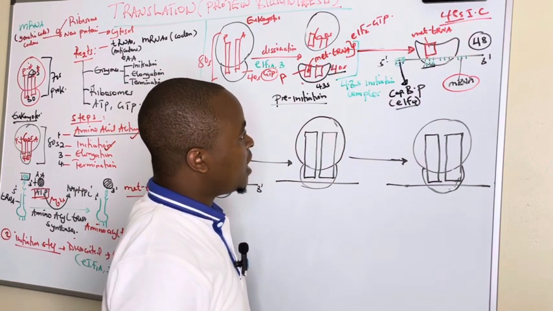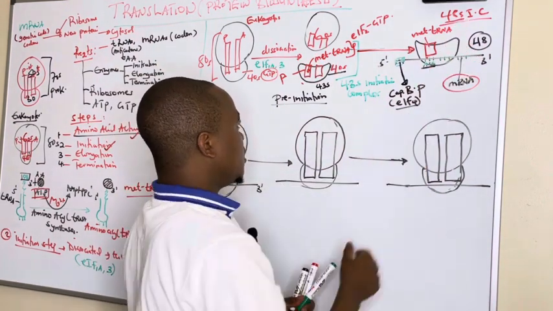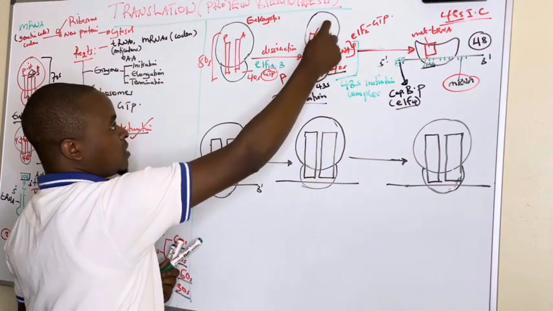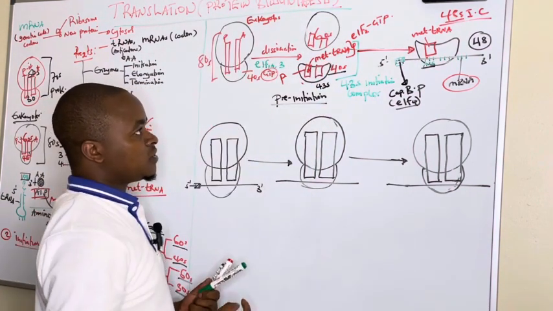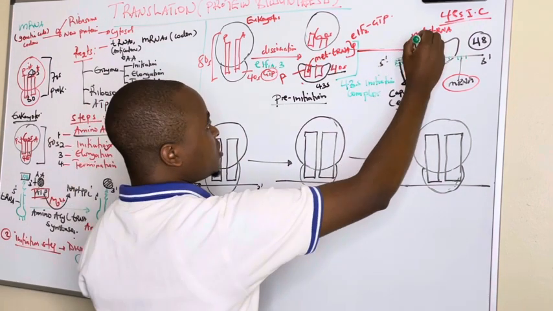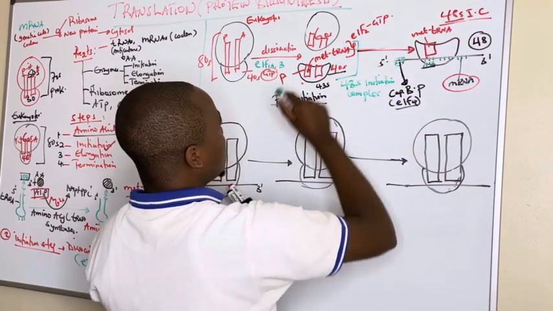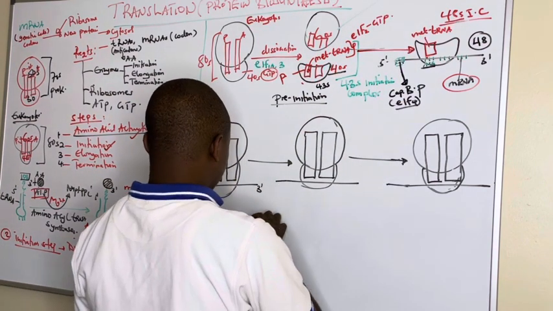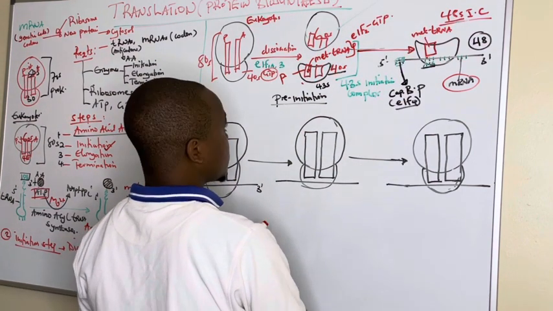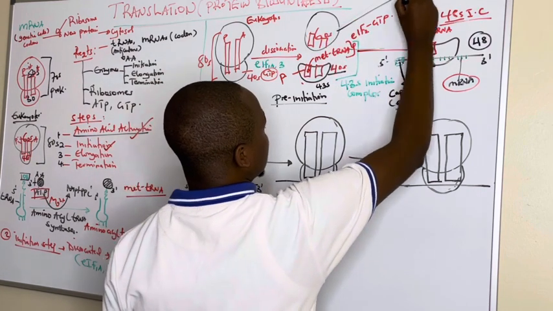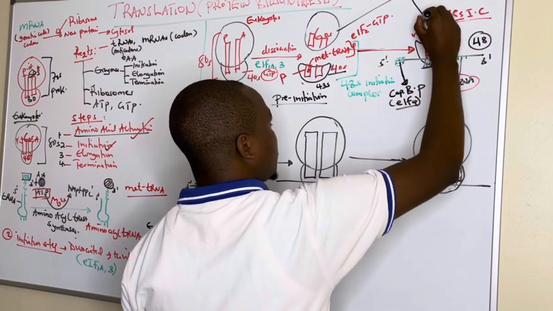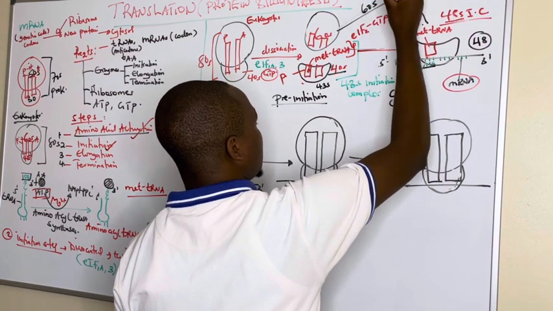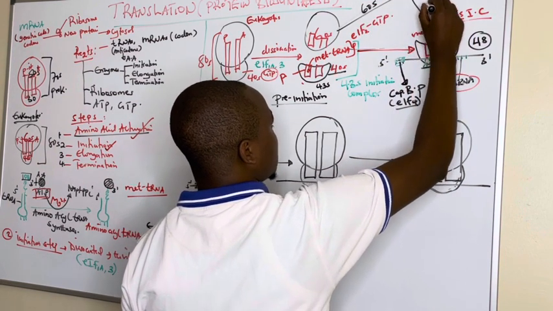And it is this 48S initiation complex that is going to bind with the cleaved off 60S. So we are going to see these two which have been formed. This one which had been cleaved off is going to combine with the 40S. This is the 48S initiation complex, and this is the 60S ribosomal subunit.